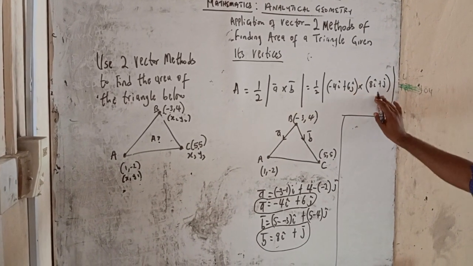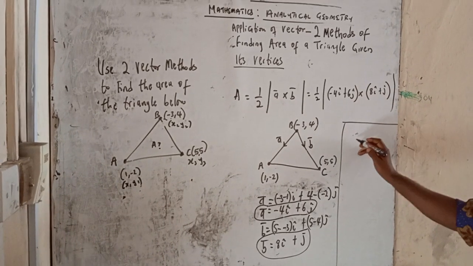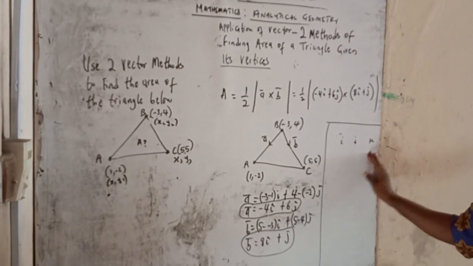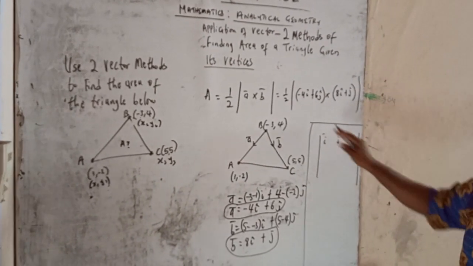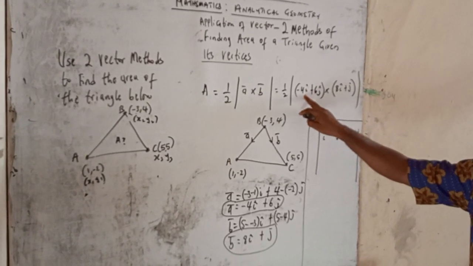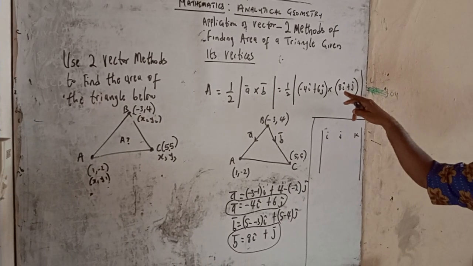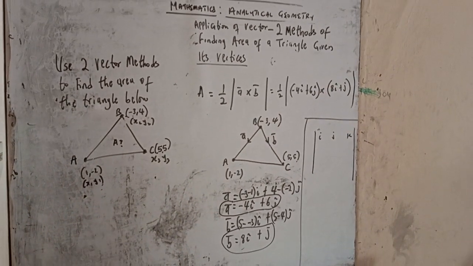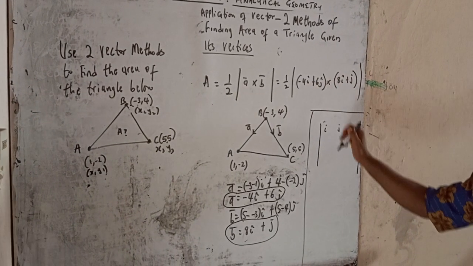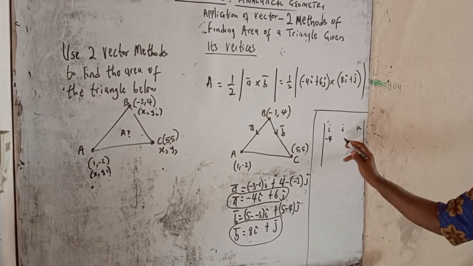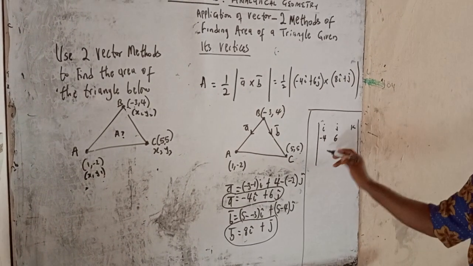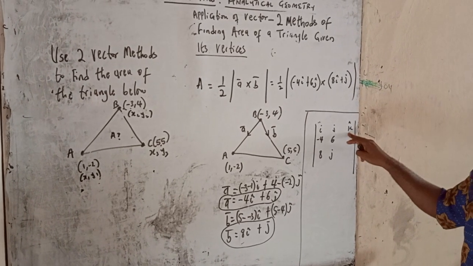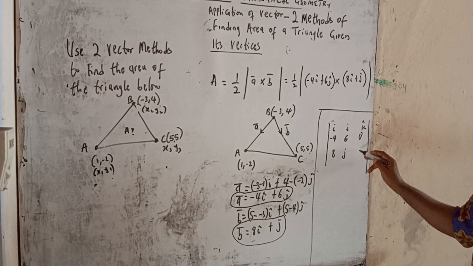We can label the unit vectors as i, j, and k. So we say the determinant of it. For the first vector, we have minus 4 and 6. For the second vector, we have 8 and 1. But there is no vector along the k direction, so we put 0, 0 there.